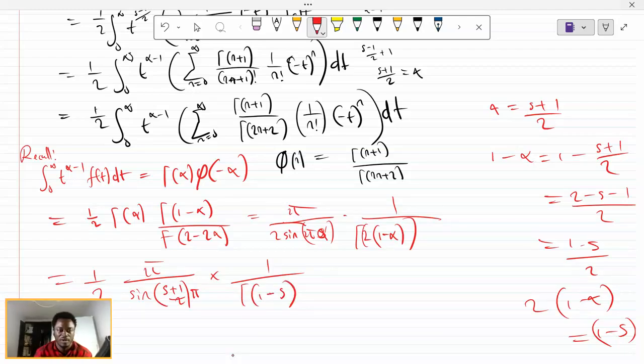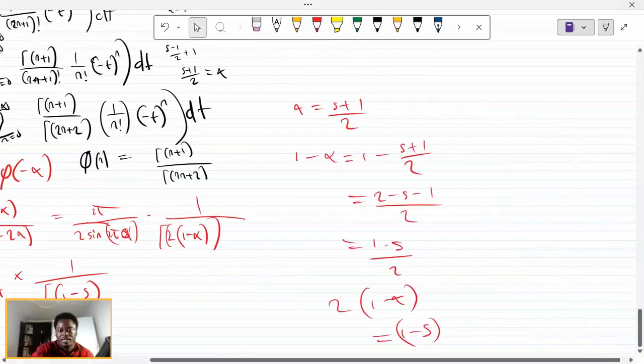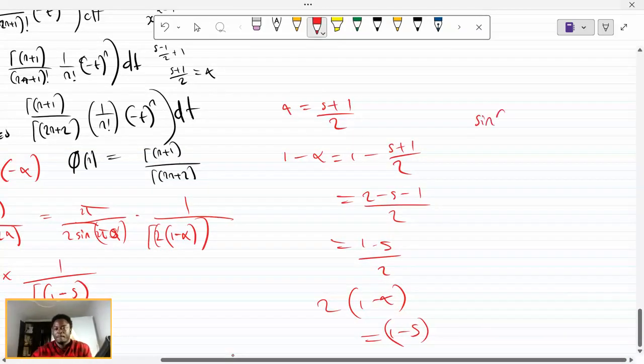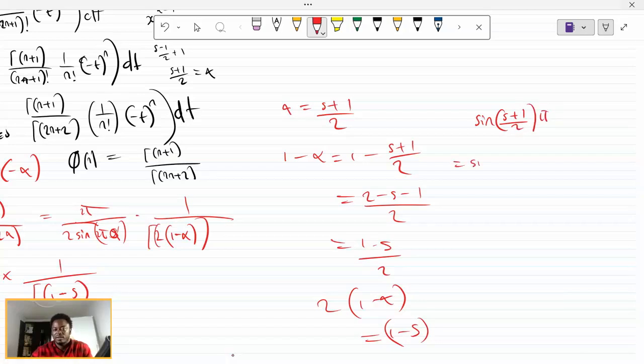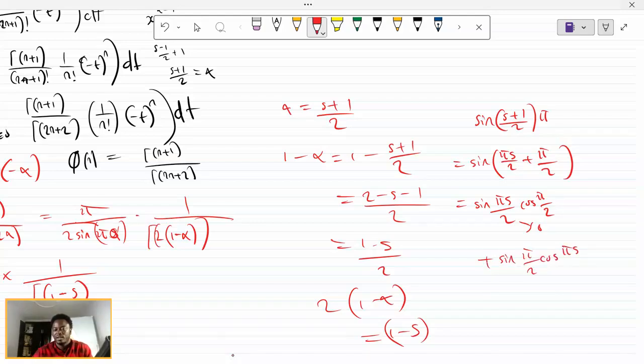Now the sine of s plus 1 over 2 times pi, we can simplify. That is sine of pi s over 2 plus pi over 2. That would be sine of pi s over 2 cosine of pi over 2, which goes to 0, plus sine of pi over 2 cosine of pi s over 2, which should be cosine of pi s over 2, because sine of pi over 2 is equal to 1.